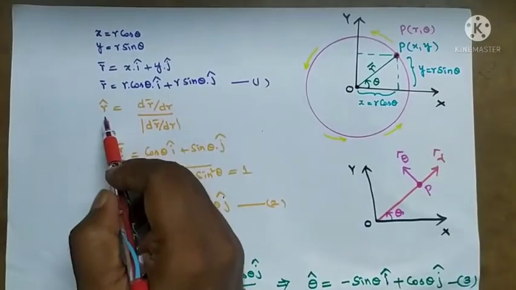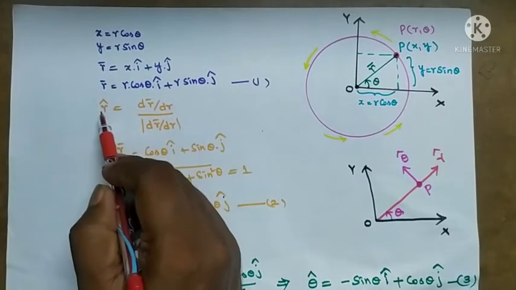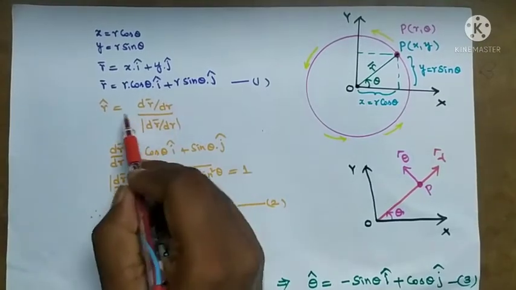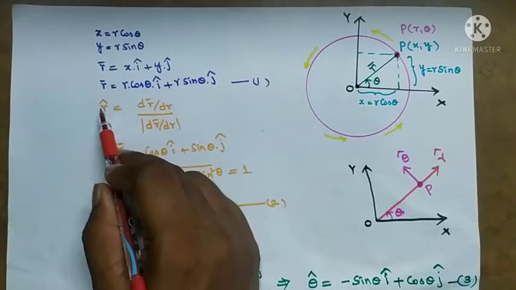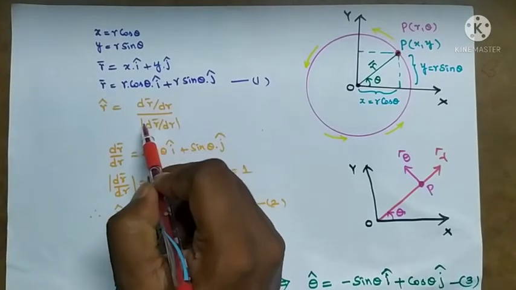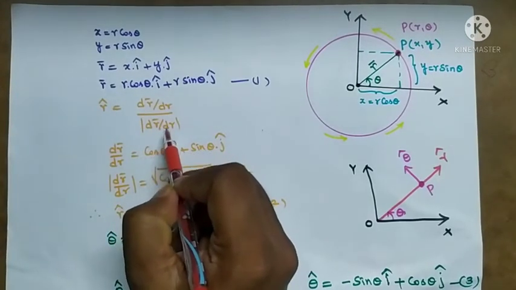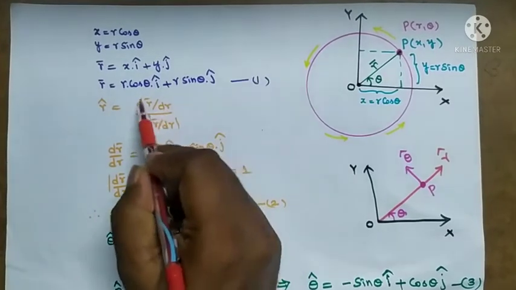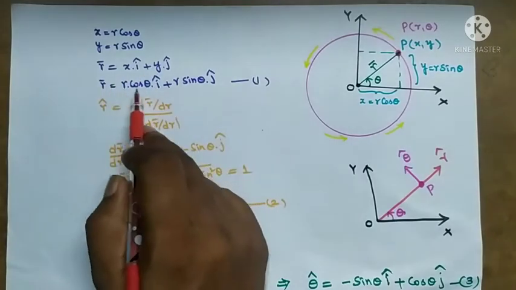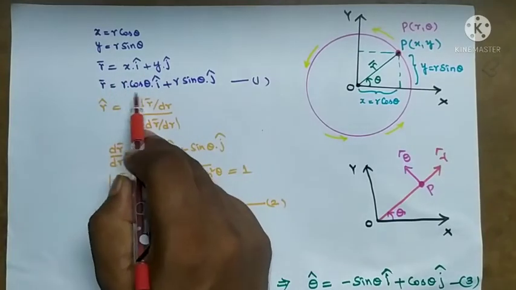Then the unit vector of this position vector, that is r cap, can be found by using this formula: the unit vector of r is equal to dr bar by dr divided by the magnitude of dr bar by dr. And dr bar by dr is the differentiation of this position vector with respect to r.